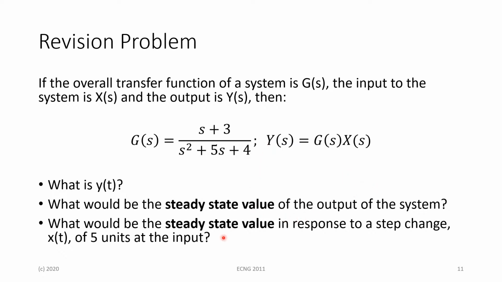Then see if you can calculate the steady state value for a step change of 5 units mapped as x of t. That means you're going to have to map this x of t into x of s and then evaluate the steady state value accordingly. So try doing this as homework for practice and see if you can obtain an answer. I will give you the answer at the start of the next class for this problem.